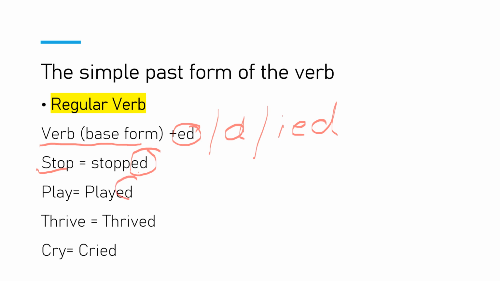We are simply adding ed and it's converting into the simple past form of play. Played. Thrive. By adding d, it's converted into the simple past form thrived. And in cry, y is replaced by ied. Cried is the simple past form of cry. Now we are going to learn what are the rules.